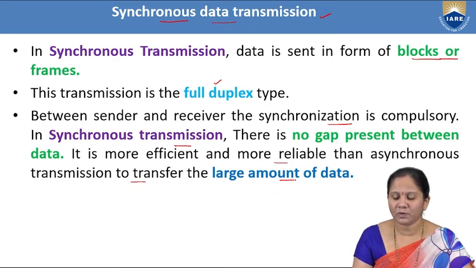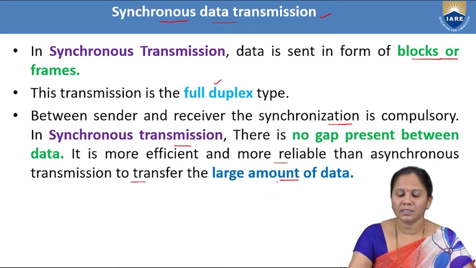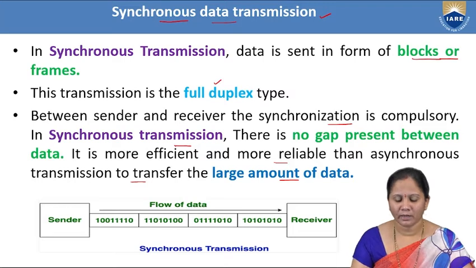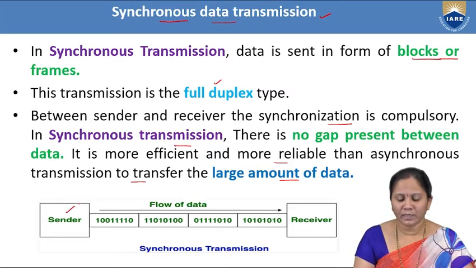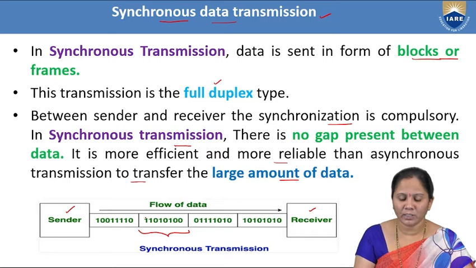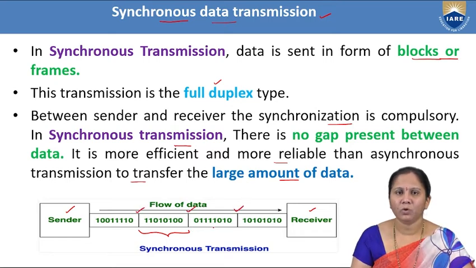So in order to transfer a large amount of data, synchronous data transmission is the efficient technique. Here, the data is transmitted between the sender and receiver in the form of blocks or frames, and no gaps are present between the data.